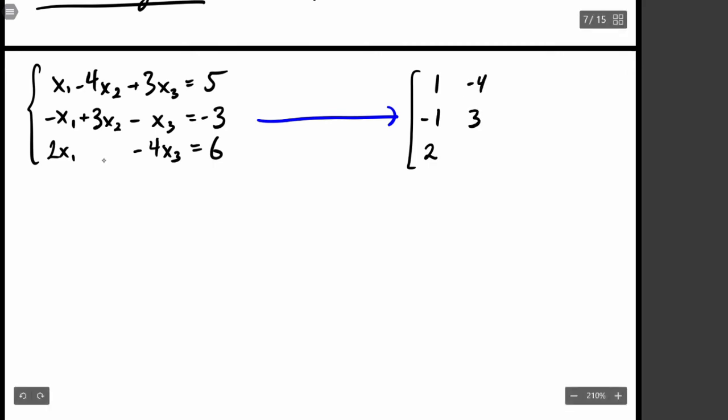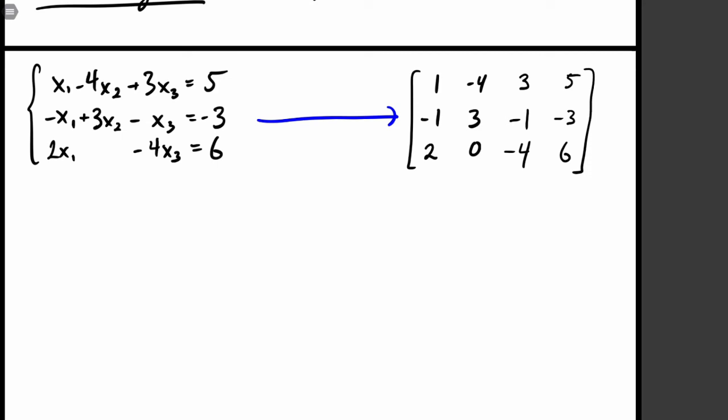There's no x2 here, so we just put a 0 there. The third column is 3, negative 1, negative 4. The fourth column here is 5, minus 3, and 6. All right, so we've taken the system and turned it into a matrix.